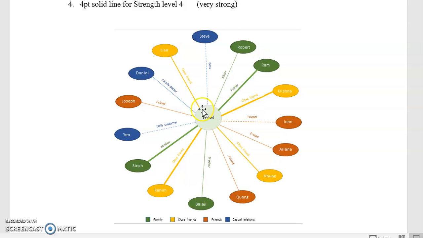So the main node is the student here and the people around, and the strength between them is shown by the lines.